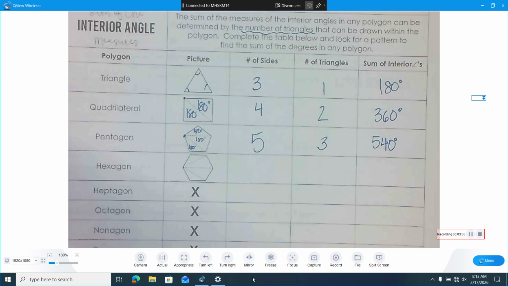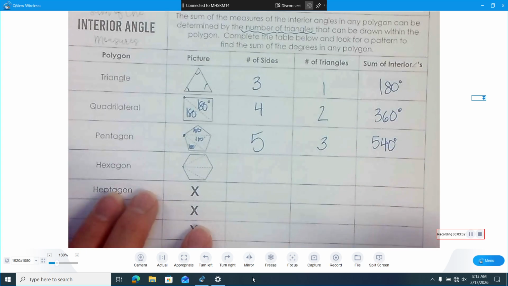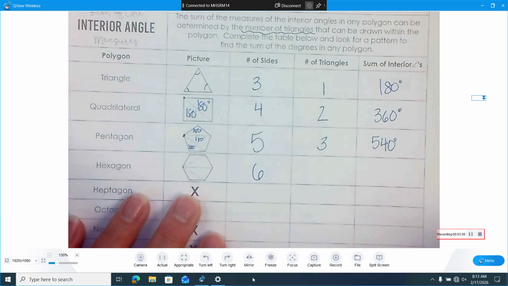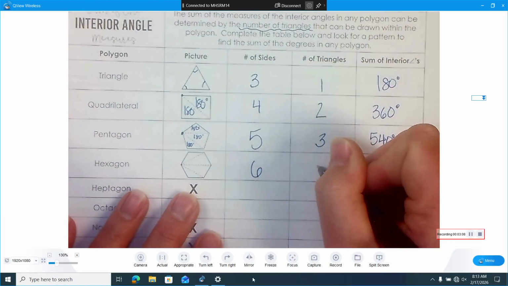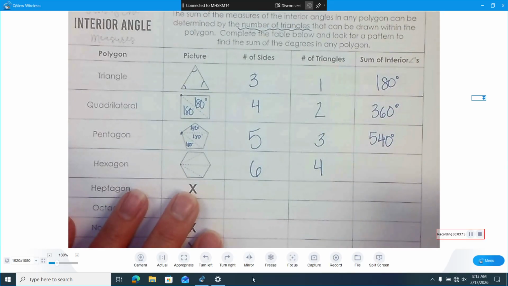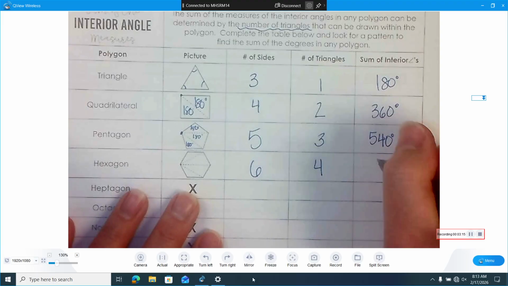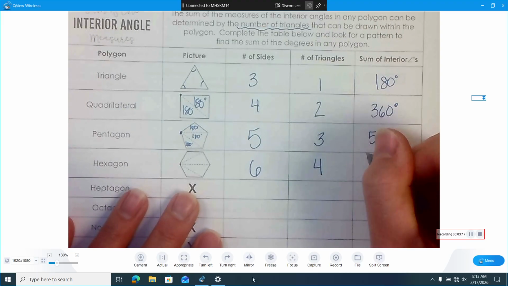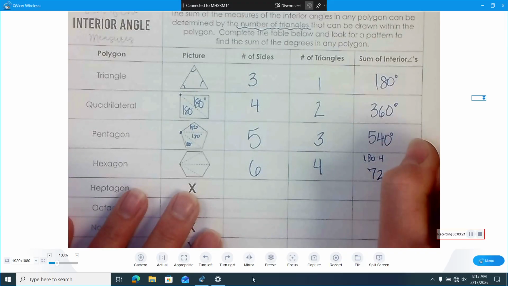A hexagon is how many sides? 6 sides. And look at that. How many triangles can we form? 4. And then how many degrees is it going to have? 720. How'd you get 720? Timesing it by 4? Yeah, 180 times 4 is 720 degrees.